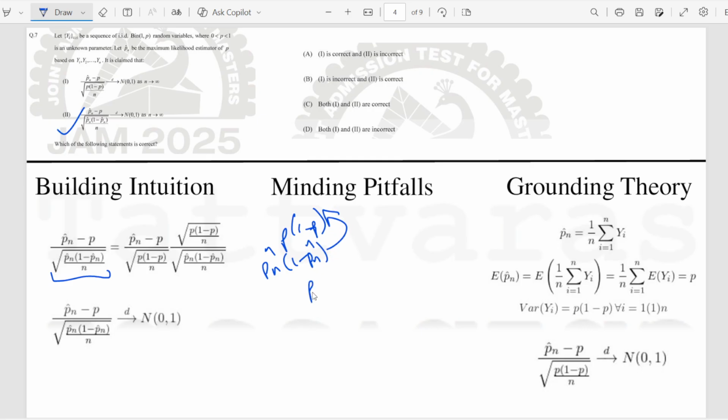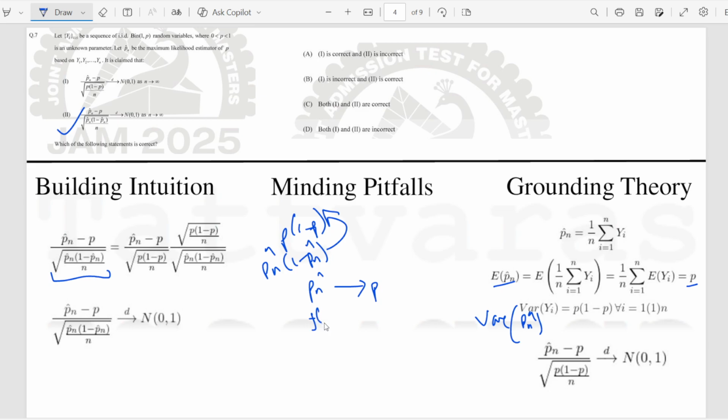The reason being, we know that this estimator, the expectation is the same as the parameter, and if we look at the variance of p n hat, we will see that it goes to 0 because there is a scaling by n. So this thing converges in probability to this.